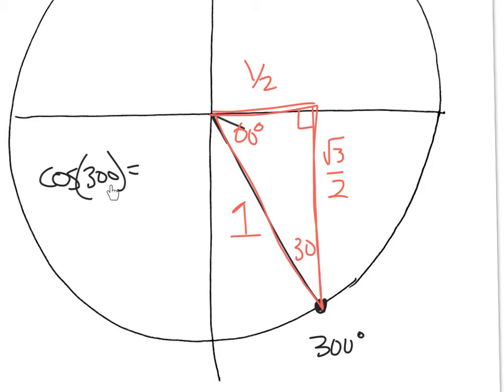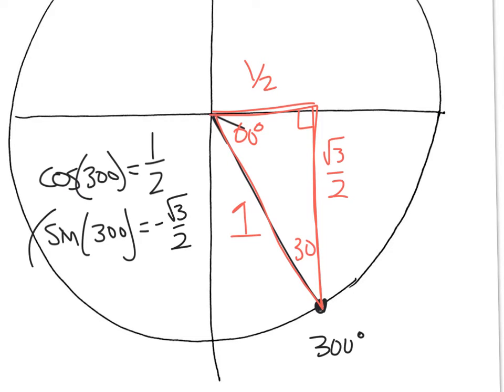Again, cosine is the x-coordinate of this point, and because this is in the positive direction, not the negative direction, it is a positive 1/2. So yes, the cosine of 300 degrees is 1/2, and the sine of 300 degrees is, drum roll, yep, negative root 3 over 2. Negative root 3 over 2.